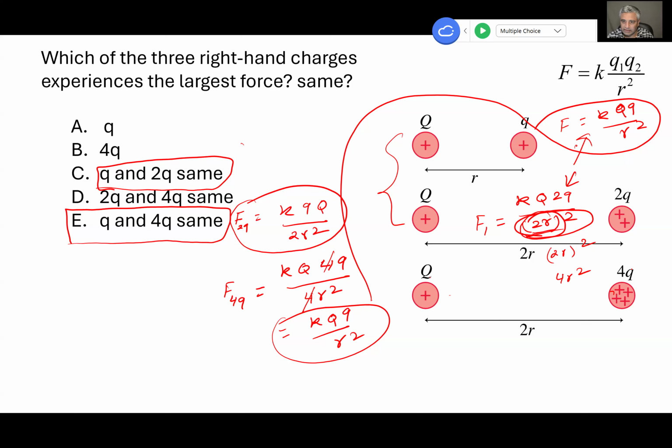Never forget that, okay? Never forget that. So over here, what happened is, because of the charges, the numerator became 4 times larger, and because of the double distance, the denominator also became 4 times larger. So that 4 times effect got canceled, okay?